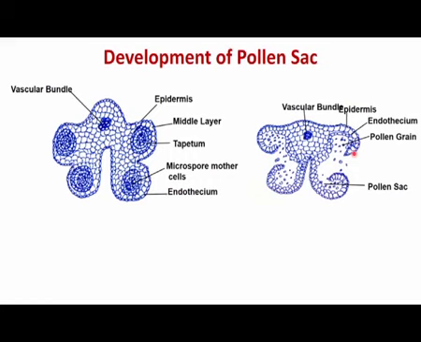The endothecium possesses fibrous thickenings, while the thin walled part constitutes the stomium. Below the endothecium you have 1 to 3 middle layers, whose cells normally disintegrate in the mature anther, and then there is a single layer of tapetum.